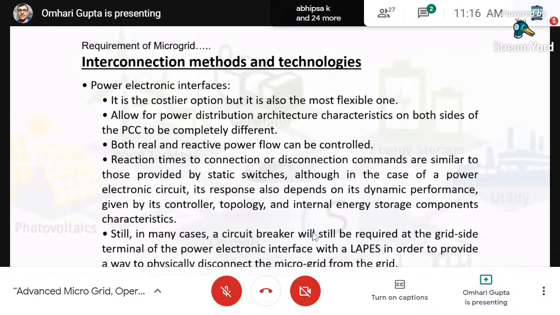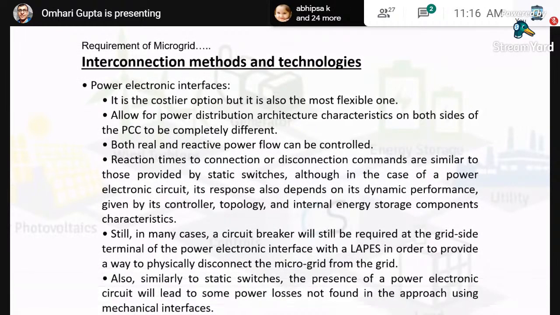Then come the power electronic interfaces. It is obviously the costlier option, but it also gives you more flexibility. In terms of power control, you may control the power injected into the system or drawn from the system, and you may independently control real and reactive power flow as well.